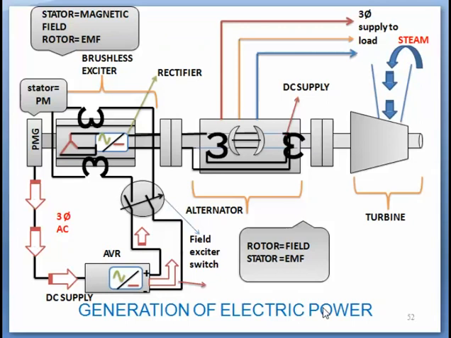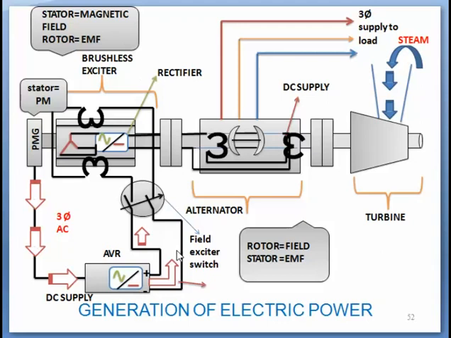Generally, the rated speed is 3000 RPM, because in India the grid frequency is 50 Hertz, and in this type of thermal generators there will be 2 poles.